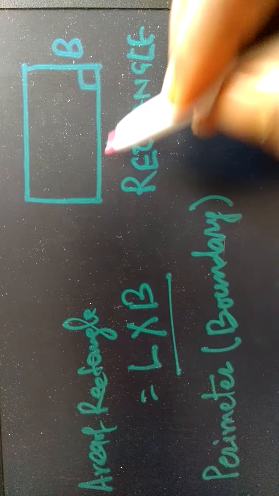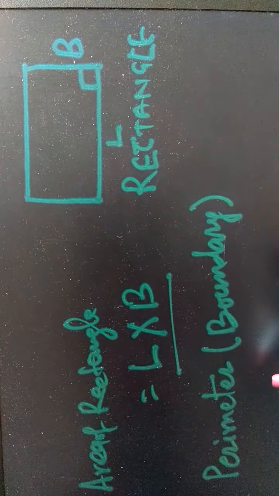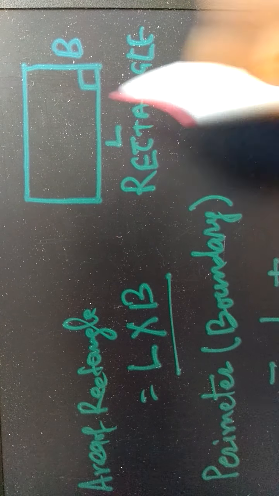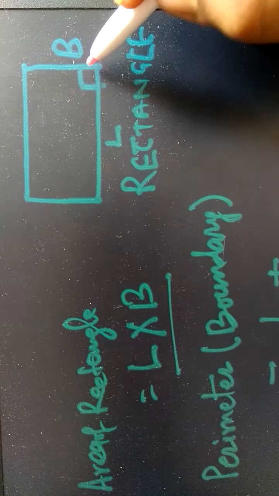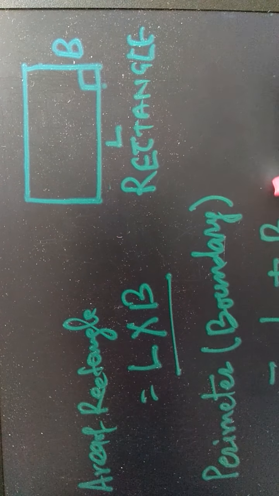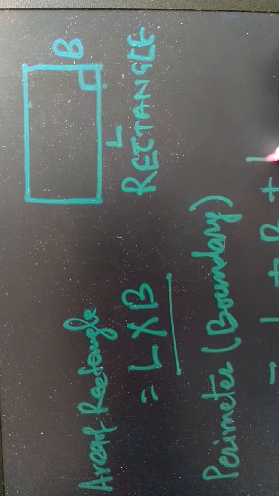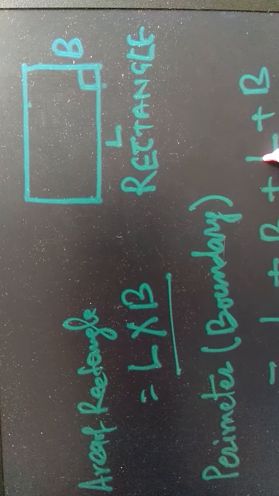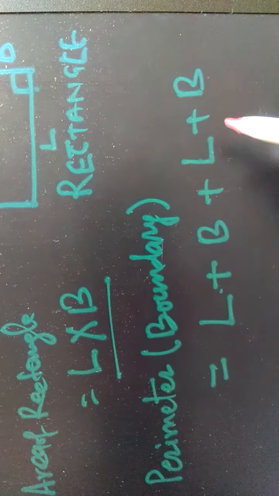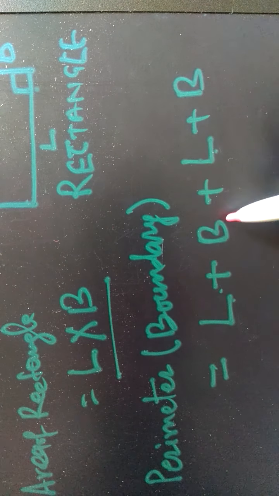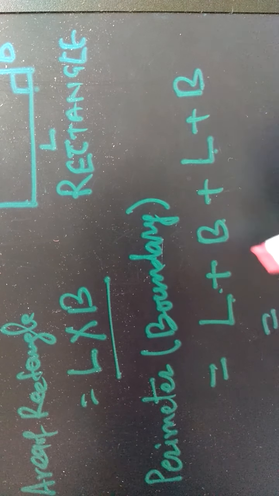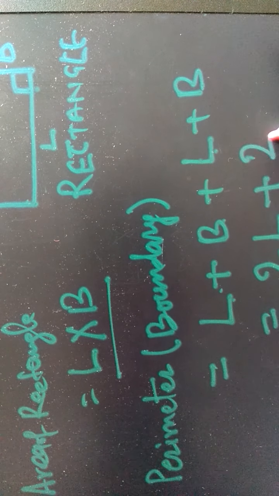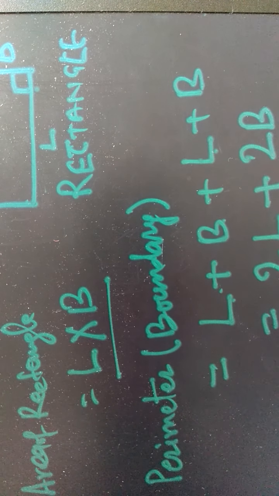So in this rectangle, to know the boundary, we will write L for this length and for this one breadth, again for this length and this one breadth. 2 times length and 2 times breadth. Here we are getting 2 times length, 2 times breadth. Means the formula will be 2L plus 2B for the perimeter of a rectangle.